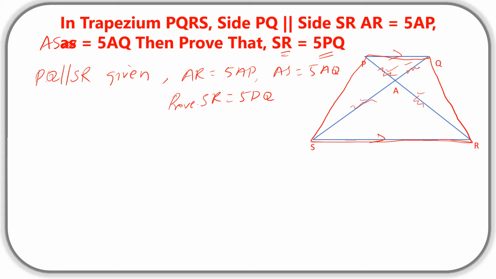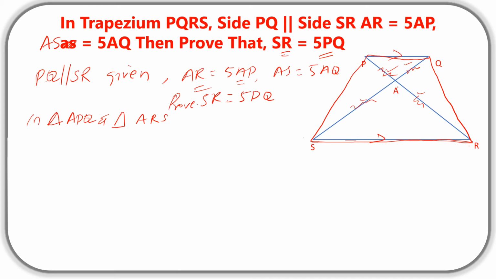Which are they? If you consider triangle APQ and triangle ARS, with AP and AR. So we will write that first. In triangle APQ and triangle ARS, we have to consider these two triangles. We have to prove these two triangles are similar.